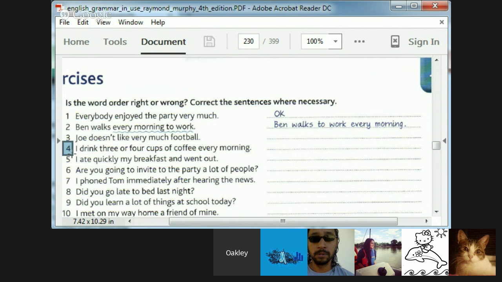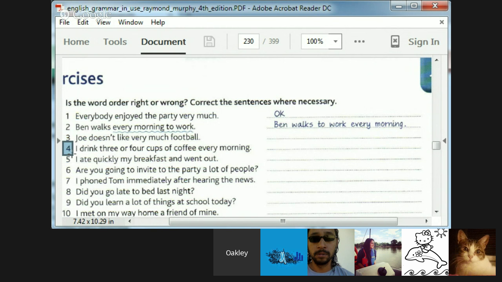Okay, Mark, number 4. Before, I drink 3 or 4 cups of coffee every morning. It's right, and I think we could put every morning at the beginning of the sentence as well. Every morning I drink 3 or 4 cups of coffee. Sure you could. Mark, when you put every morning in the front, do you have to do anything else to the sentence?